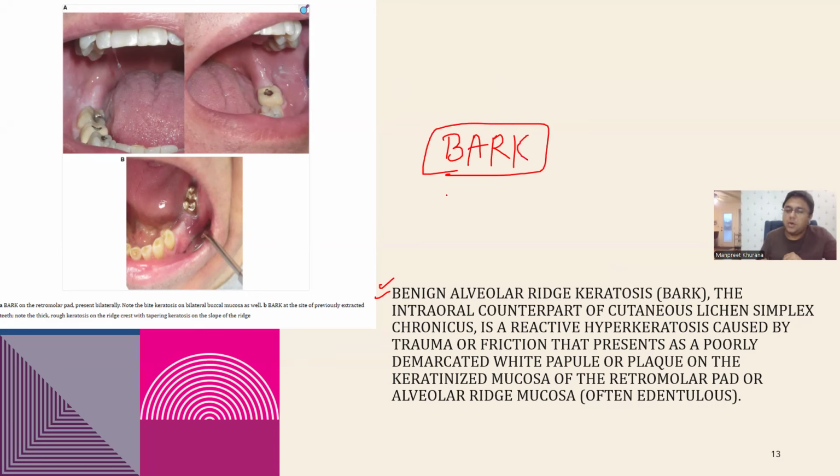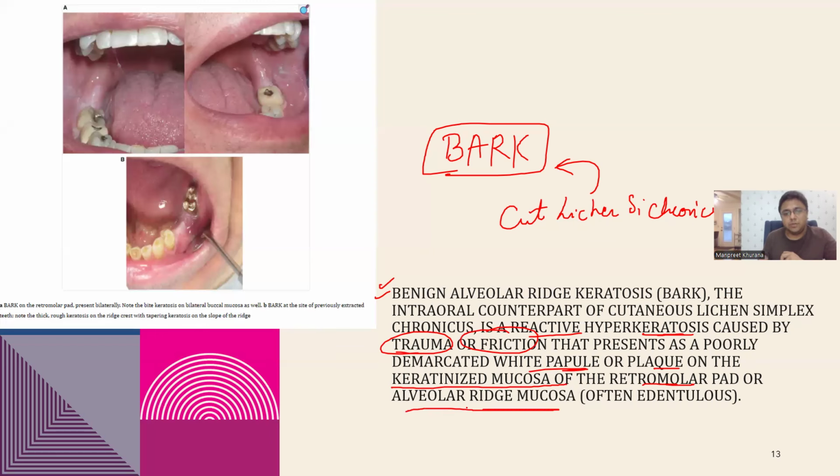It is an intraoral counterpart of cutaneous lichen simplex chronicus. It is a reactive hyperkeratosis caused by trauma or friction that presents as a poorly demarcated white papule or plaque on the keratinized mucosa of the retromolar pad or alveolar ridge mucosa.